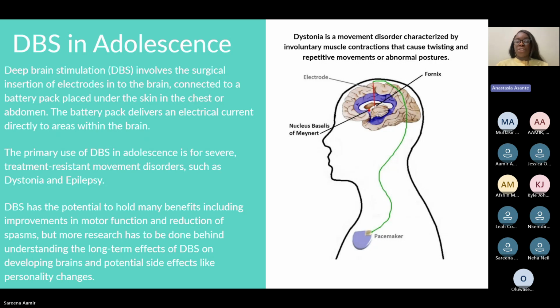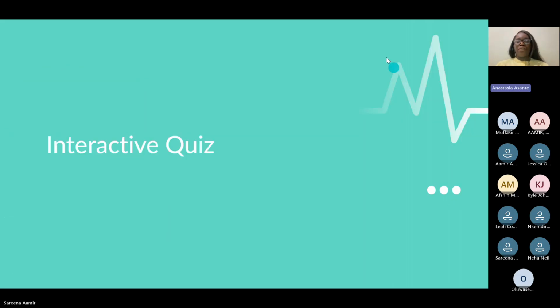DBS has the potential to hold many benefits, including improvements in motor function and reduction of spasms, but more research has to be done to understand the long-term effects of DBS on developing brains and potential side effects like personality changes.